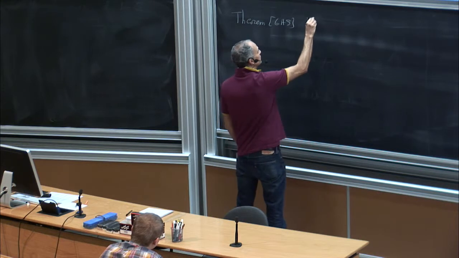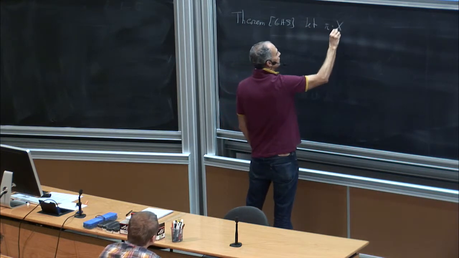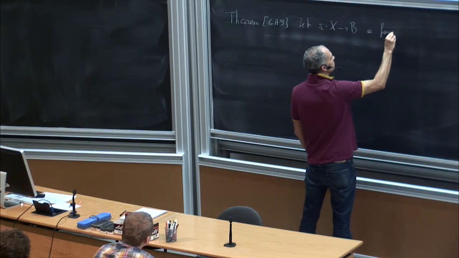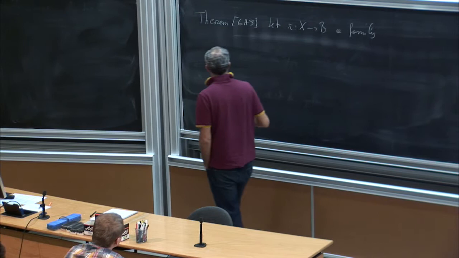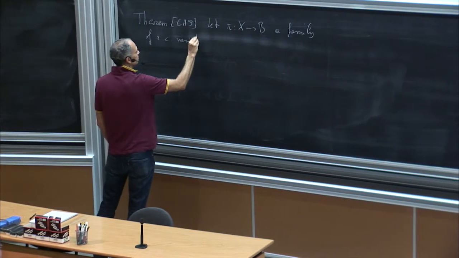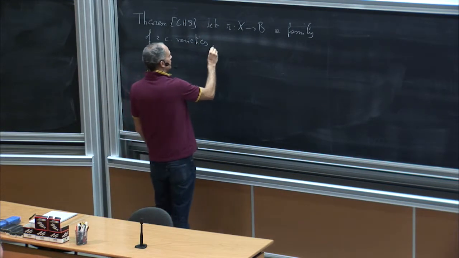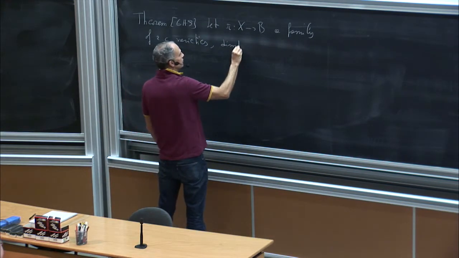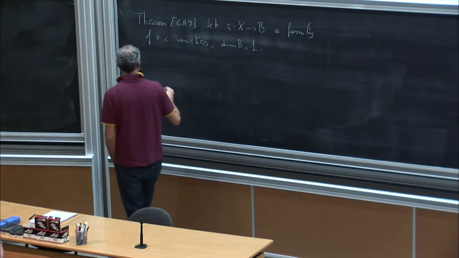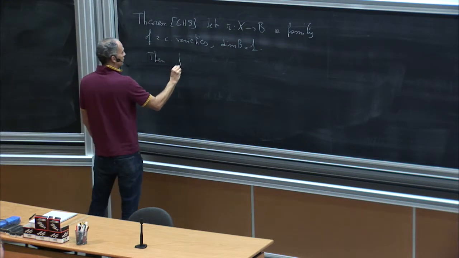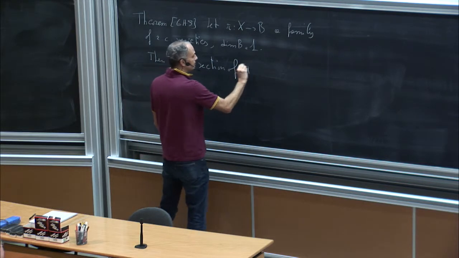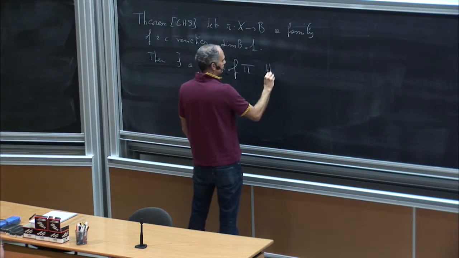So let X over B be a family of rationally connected varieties, and assume that the dimension of B is 1. Okay? Then there exists a section of pi through the general point.